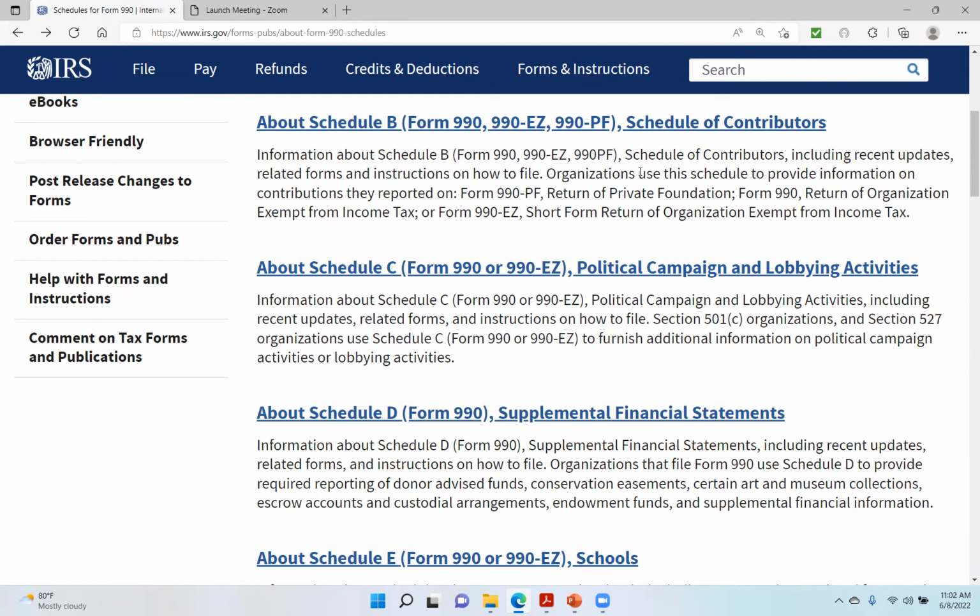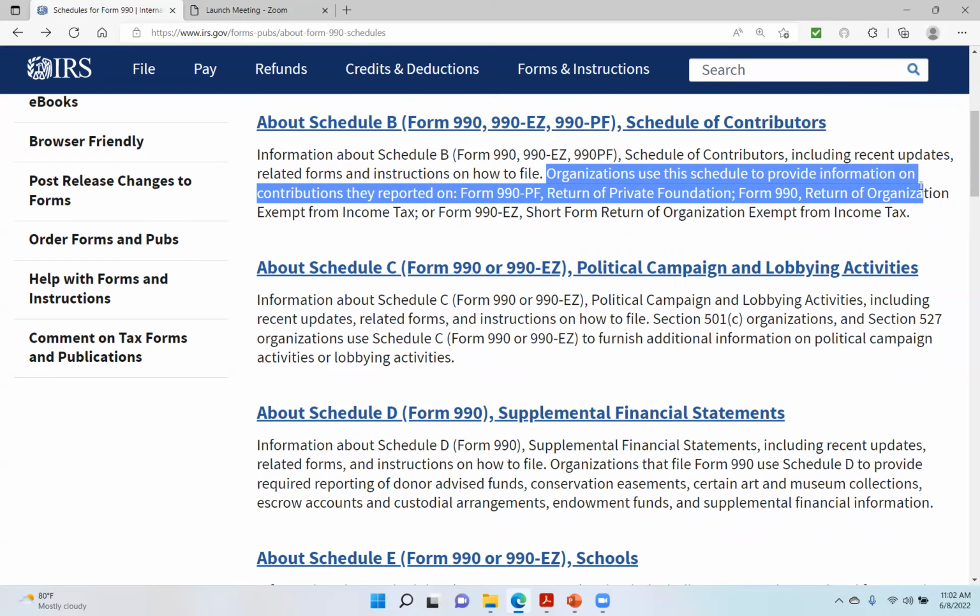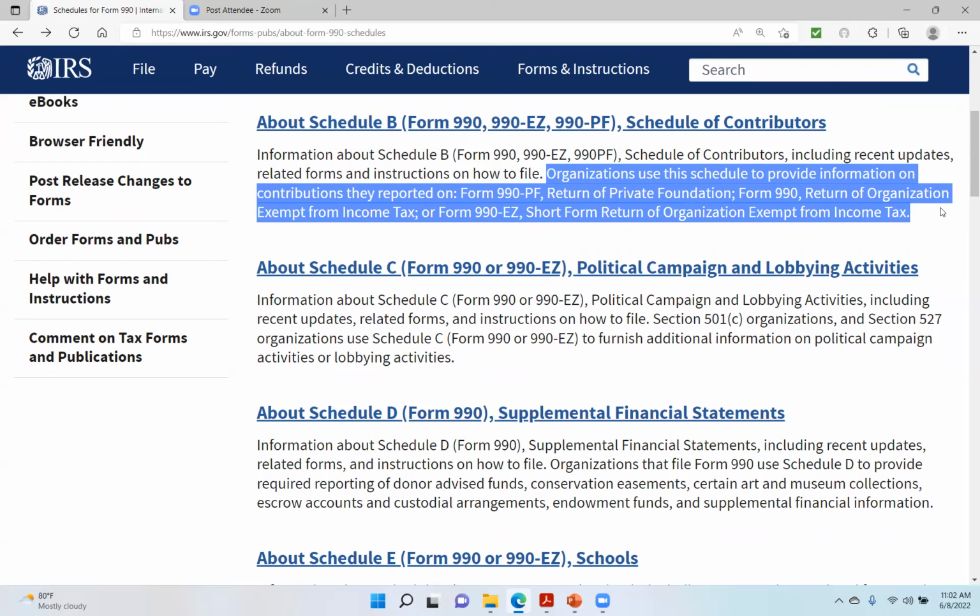But the Schedule B says, the information here says, organizations use this schedule to provide information on contributions they reported on a Form 990 PF, which means private foundation, return of private foundation, Form 990, return of organization exempt from income tax, or Form 990EZ, short form return of organization exempt from income tax. So that's what a Schedule B would be used for.